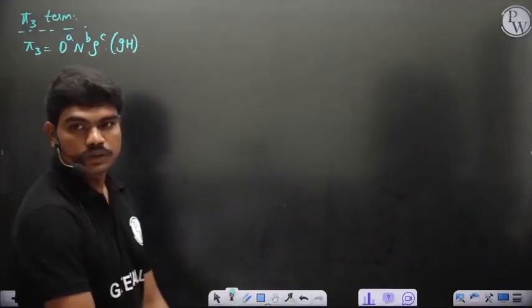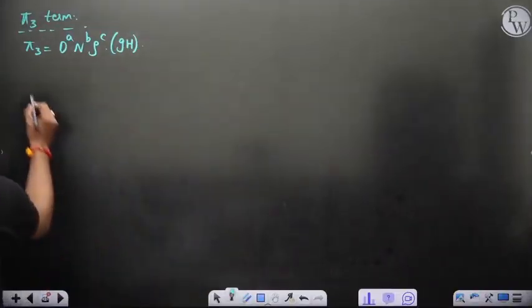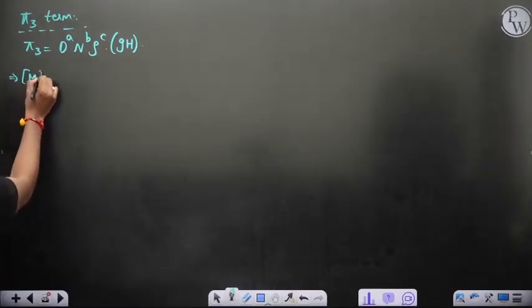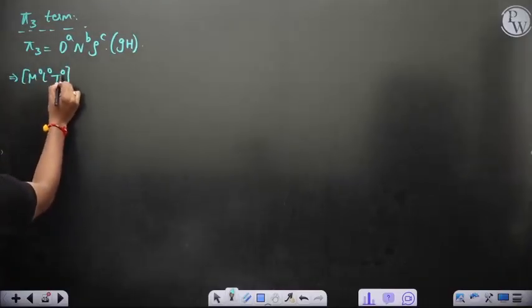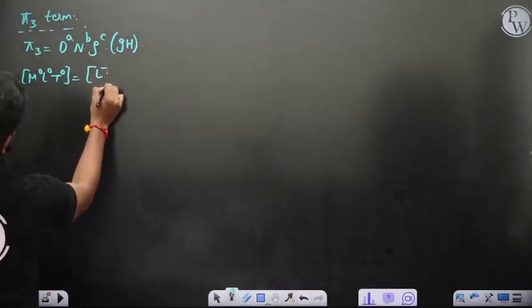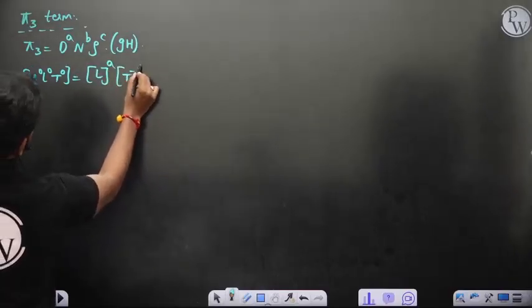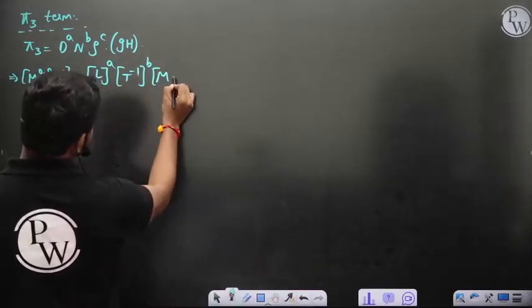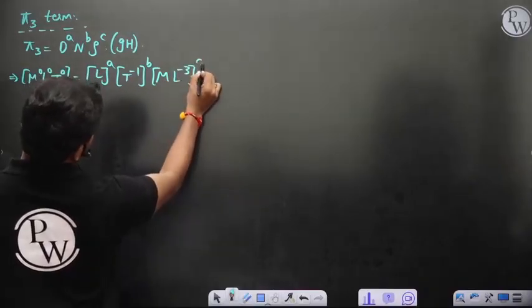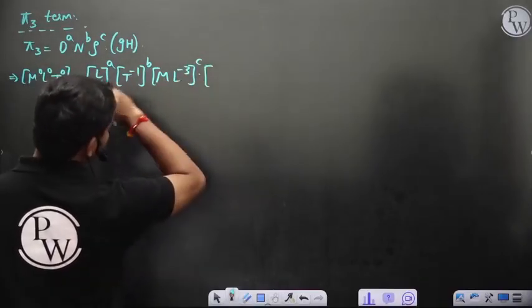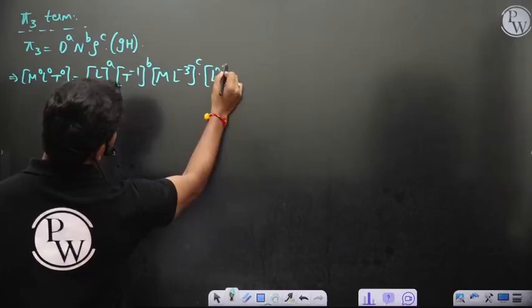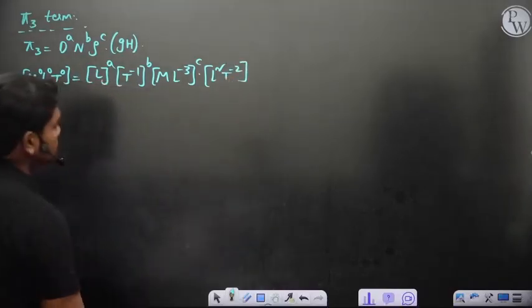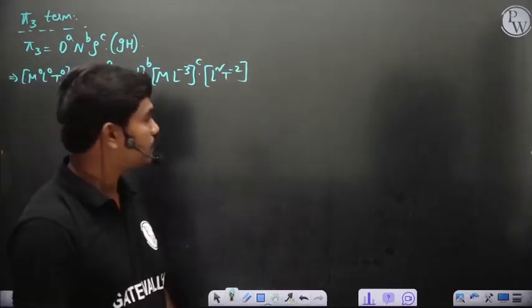Let's do the dimensional analysis again. So m power 0, l power 0, t power 0, l power a, t power minus 1, kg per meter cube into dimensions of gh. g is l t power minus 2, so l square t power minus 2, meters per second square into meter, so meter square per second square.